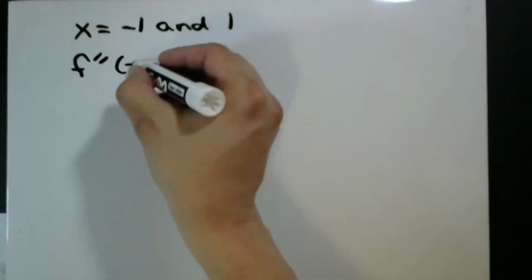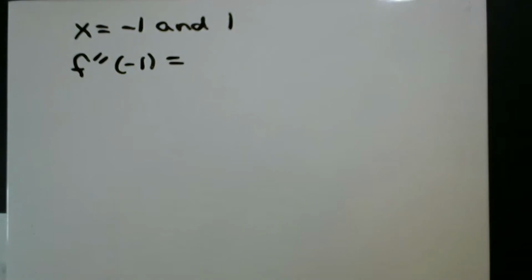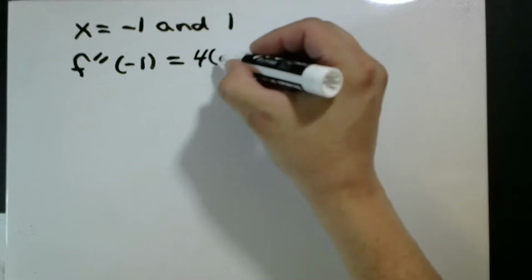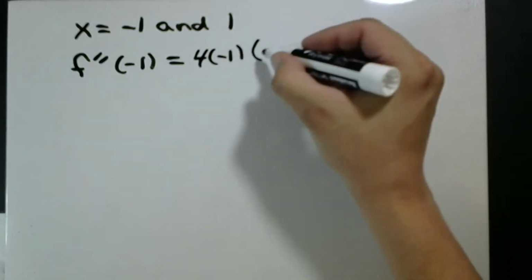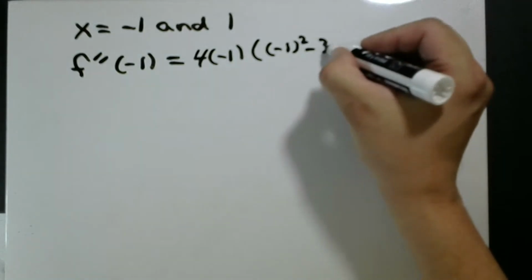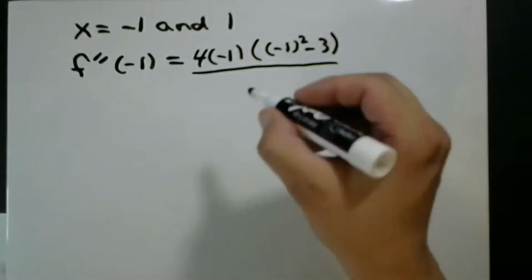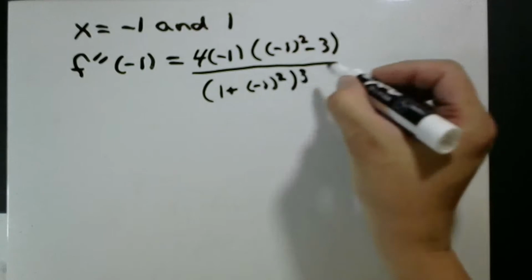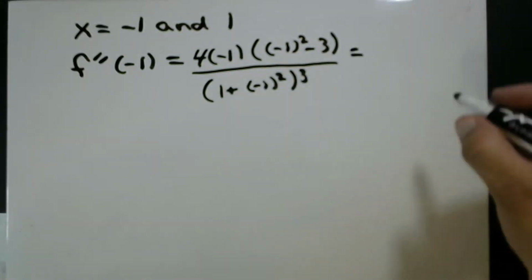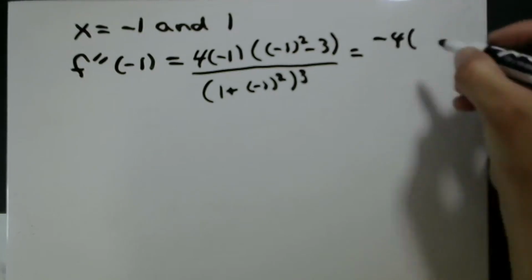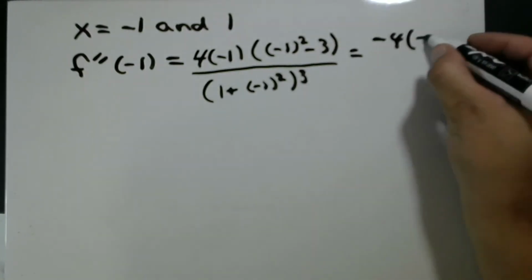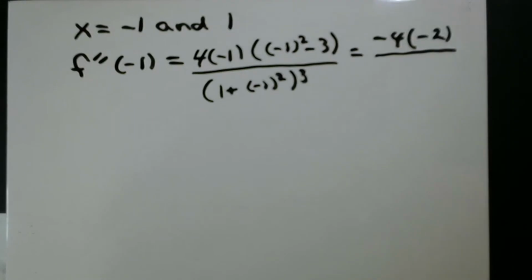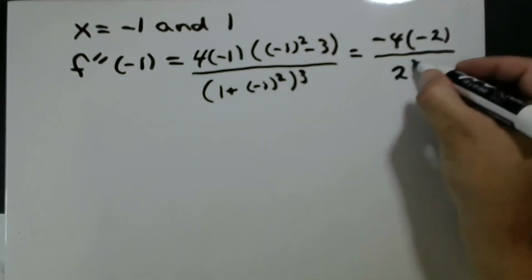So f double prime of -1, this turns out to be, let's see, -4 times 1 minus 3 is -2, over 2 cubed.